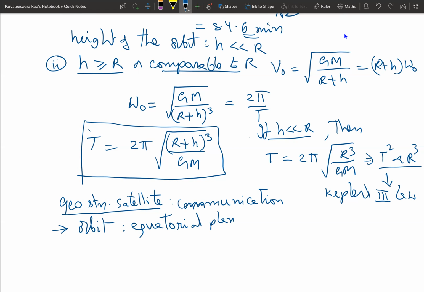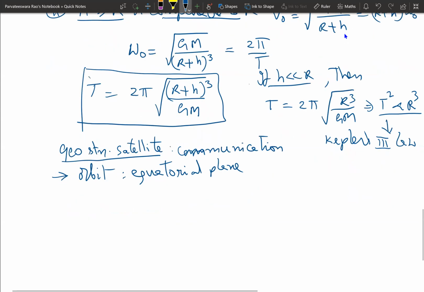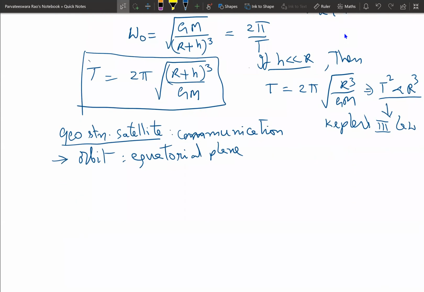So you cannot project geostationary satellites from everywhere on the globe. You have to project only from the equatorial plane. Our India has the greatest advantage of having Sriharikota, which is the best launching pad with longest ocean range and is lying in the equatorial plane.